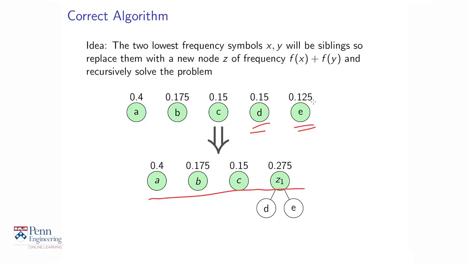Once we solve the problem recursively, we'll build a tree for these 4 symbols. And when we've got the tree, we look at the leaf that contains Z1, and we replace it by a new node with 2 children, D and E. So that is going to be the idea of the Huffman algorithm, which we will describe in detail in the next segment.